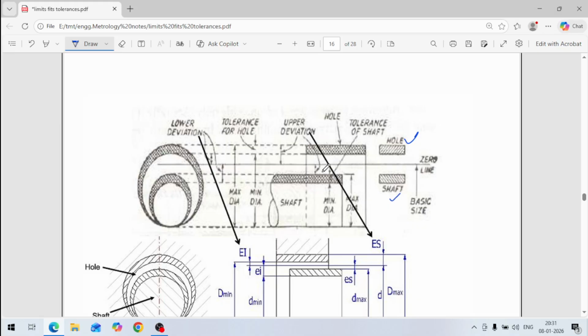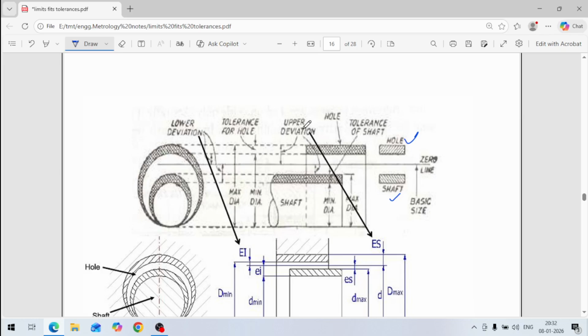And this is zero line. Zero line means basic size. So from the basic size, we define all deviations. If you see here in the shaft, it is upper limit, and here it is lower limit. From upper limit to the zero line, it is called upper deviation.